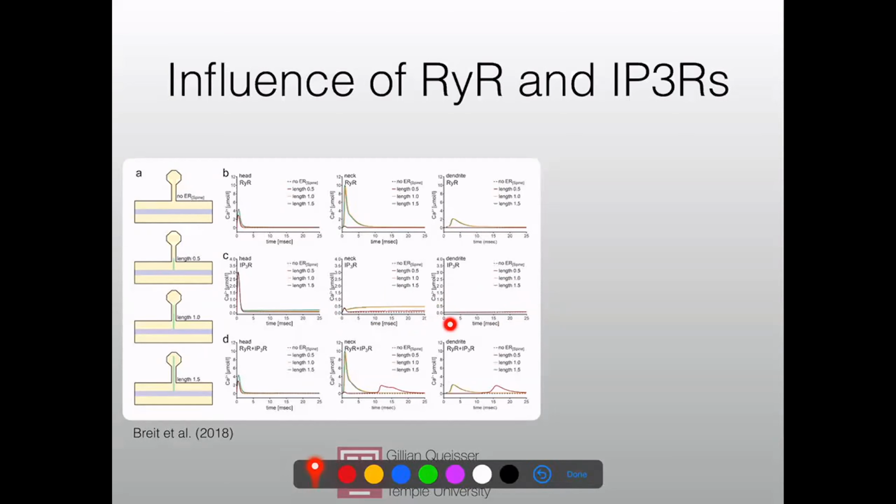Then coupling both, we see that again, given specific ER configurations, we see a dendritic response, and adding IP3 receptors, one can observe protracted responses in the dendrite due to this slower elevation of cytosolic calcium through IP3 receptors. So ryanodine receptor calcium trigger communication, length, spine to dendrite communication.